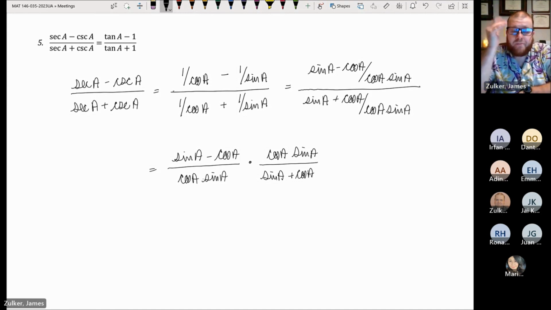When you divide fractions, right, the rule is you multiply the numerator by the reciprocal of the denominator. Remember that? Well, look. They're the same. This will simplify.